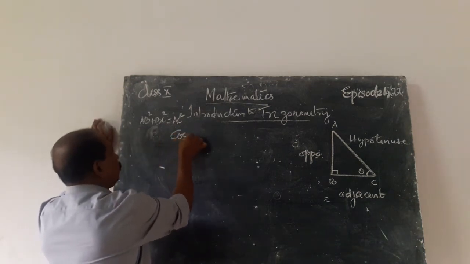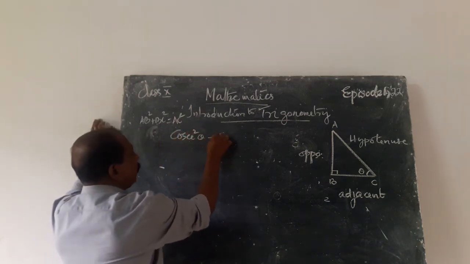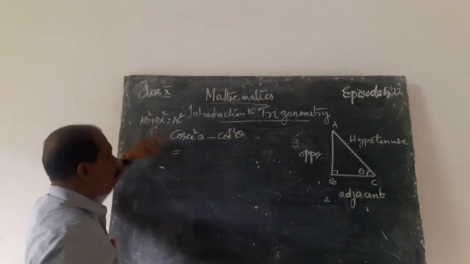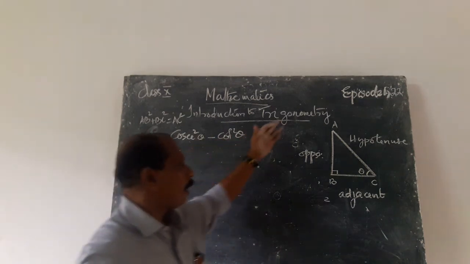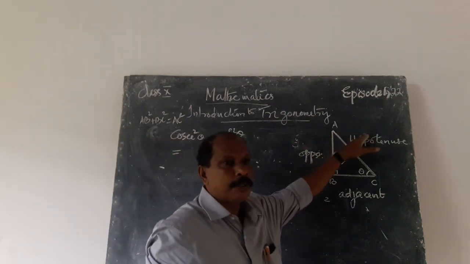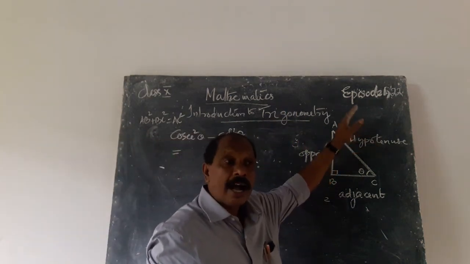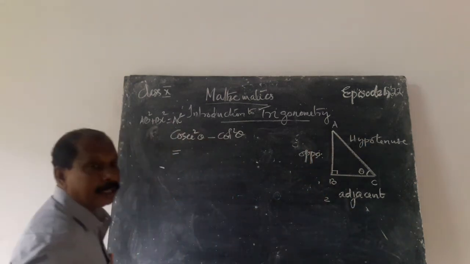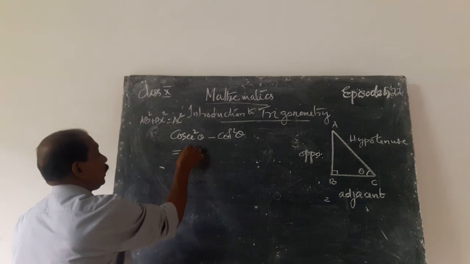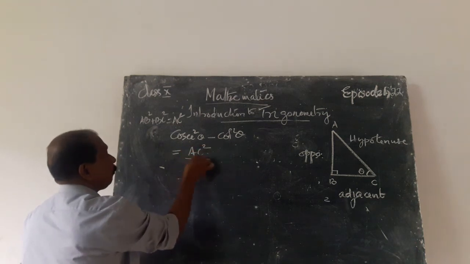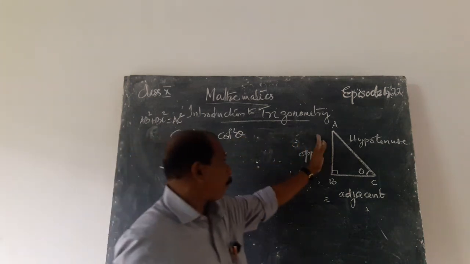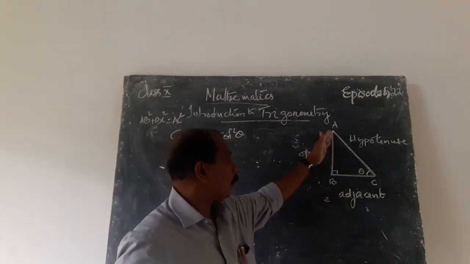Therefore, another result is cosec square theta minus cot square theta is equal to, what is cosec? Opposite side by hypotenuse is sine. Hypotenuse by opposite side is cosec. Therefore, it is AC by AB. Therefore, it is AC square by AB square minus, what is tan? Opposite by adjacent side, that means AB by BC.